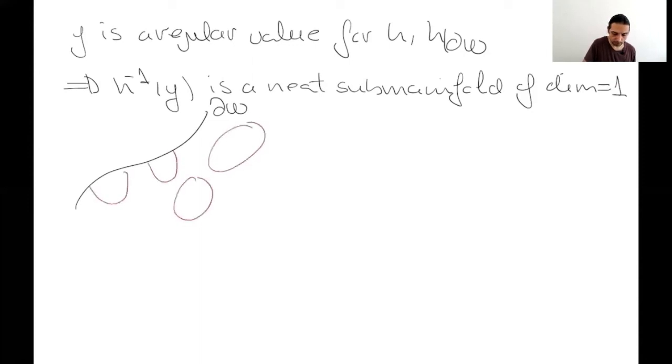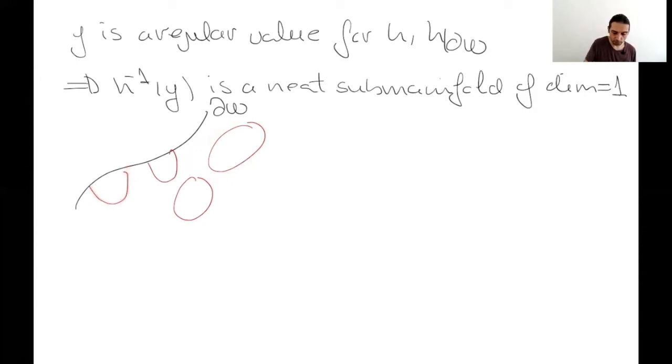Some of them are going to be completely contained in the interior of W, and other components are going to be arcs that intersect the boundary of W twice transversally.